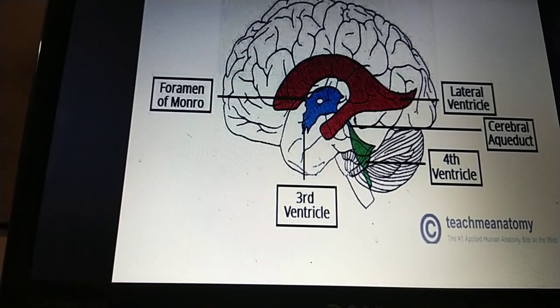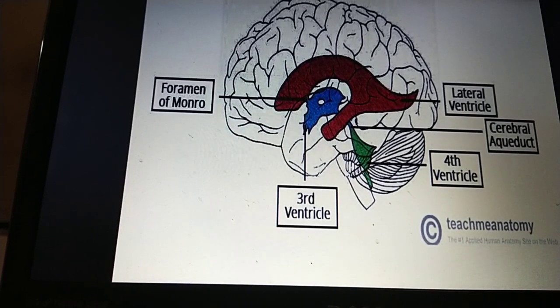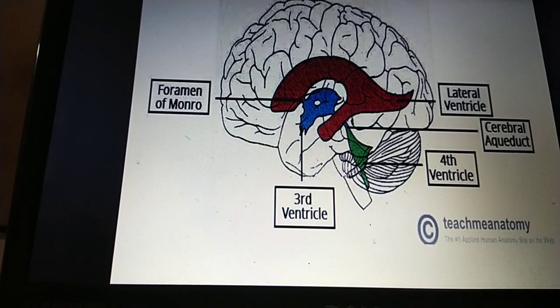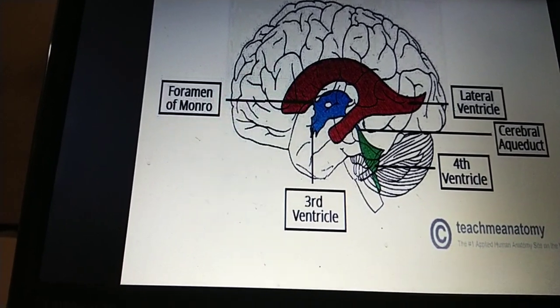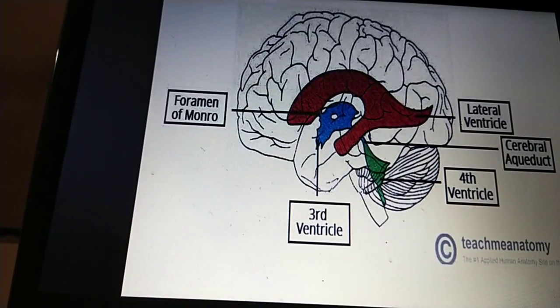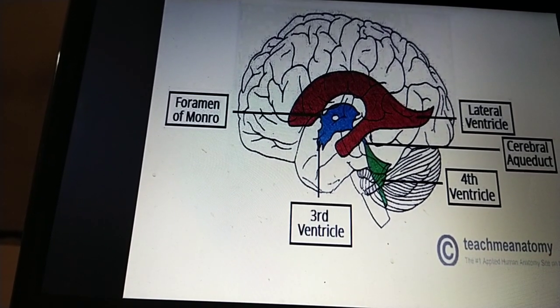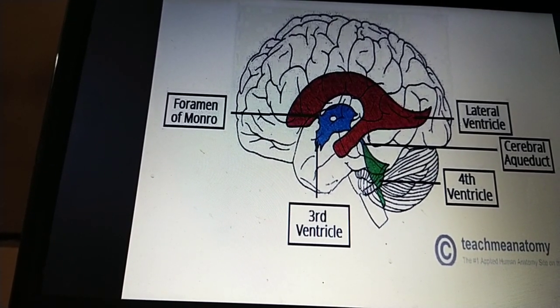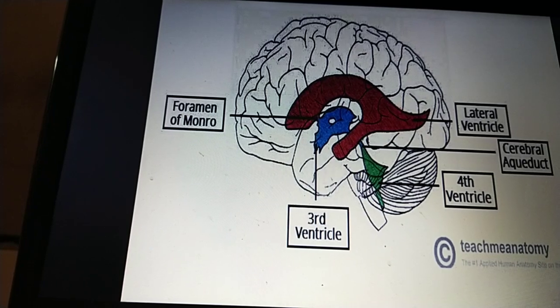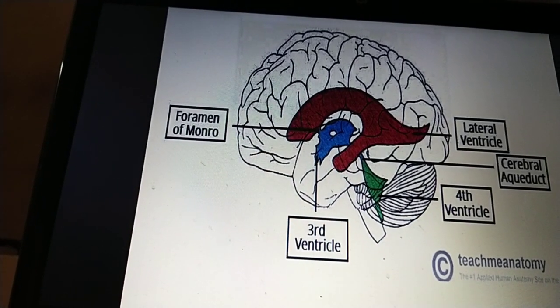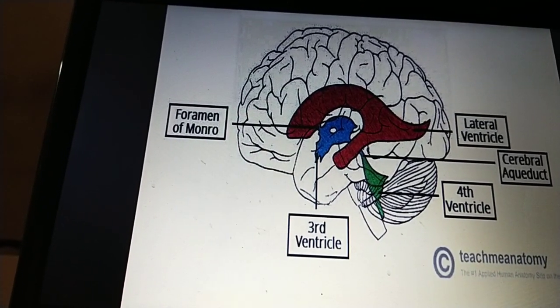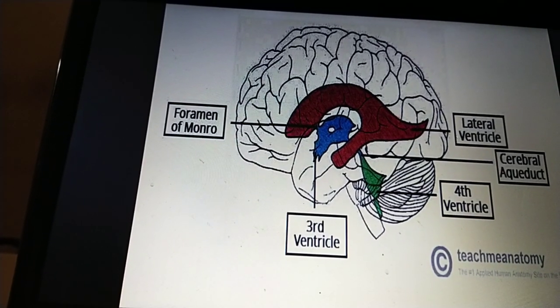You can see the choroid plexus are located in the ventricles, and they produce the CSF. It fills the ventricles and subarachnoid space, following the cycle of constant production and reabsorption of the cerebral fluid.